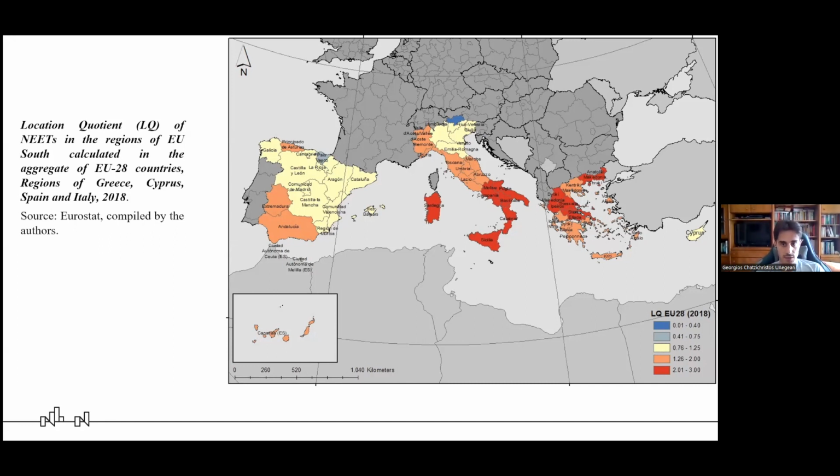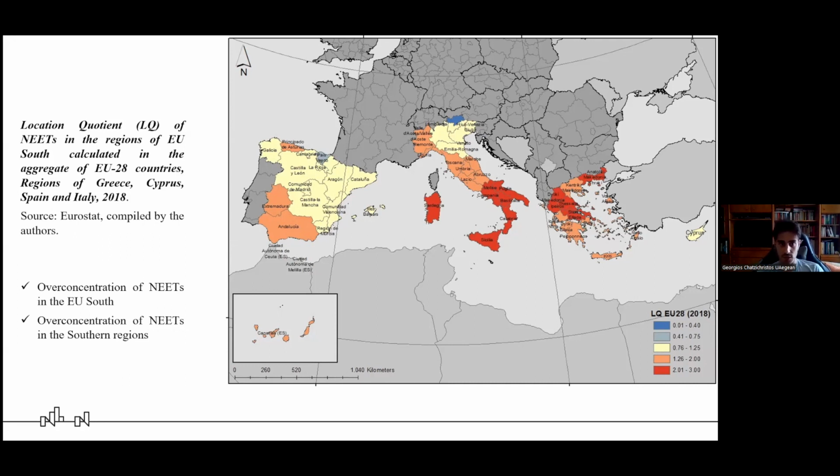I also want to highlight that not only do we have an overconcentration in the southern nation states, but also in the southern regions of these countries. I think this is most noticeable in Italy. We know there is this intra-regional distinction between north and south Italian regions, and we can see it in many indexes.